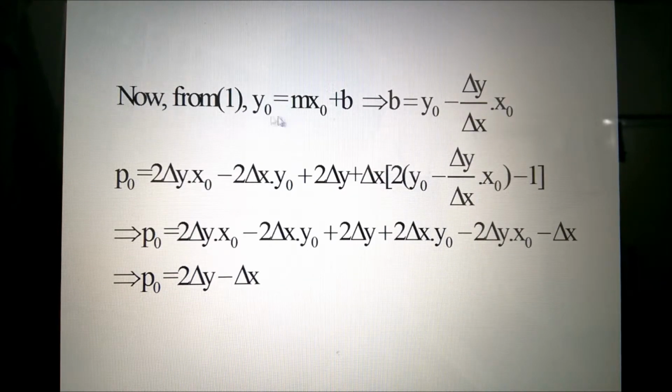Because the initial point lies on the line, we can substitute it and get b. After getting b, and replacing m by delta y by delta x, by these simplifications we get the initial decision parameter as these equations.